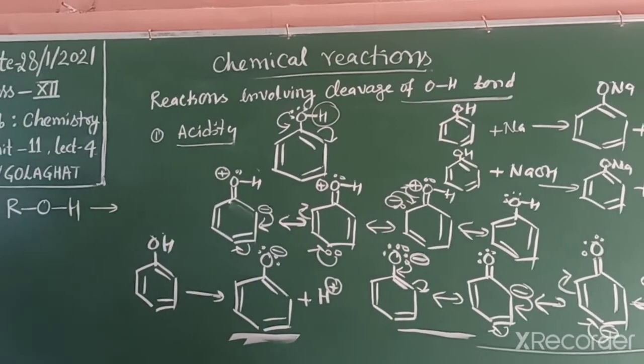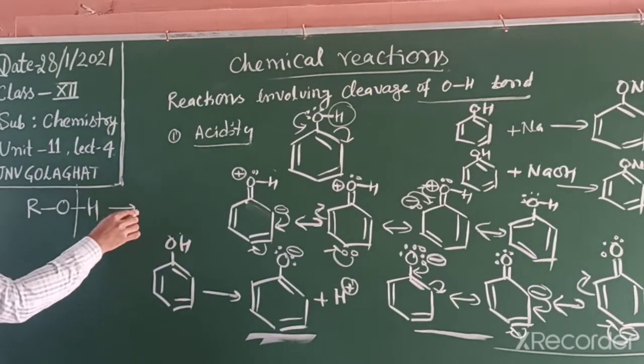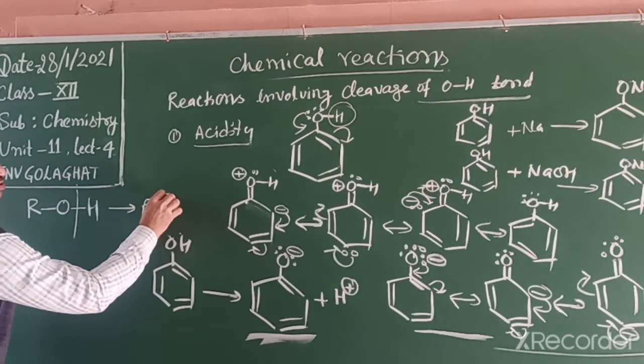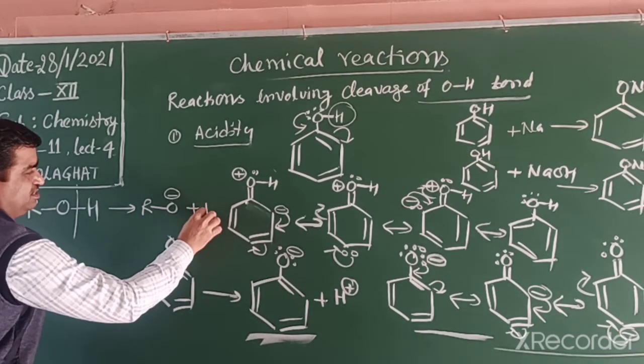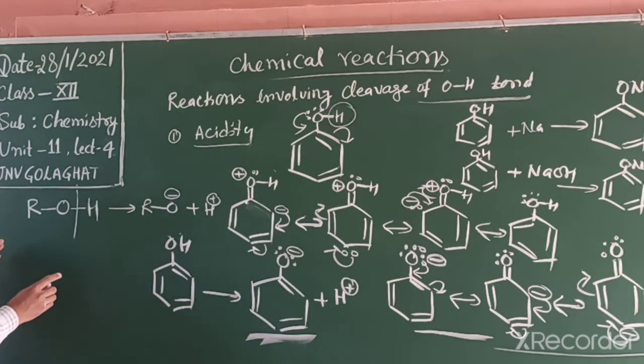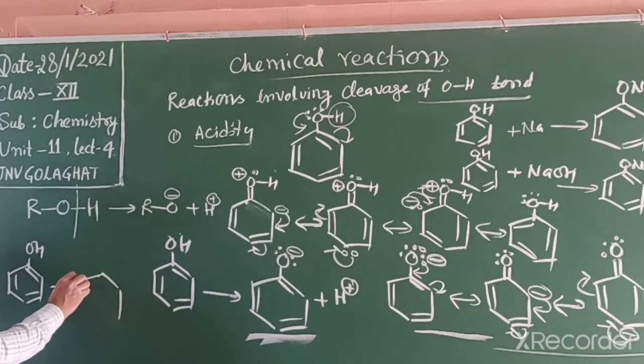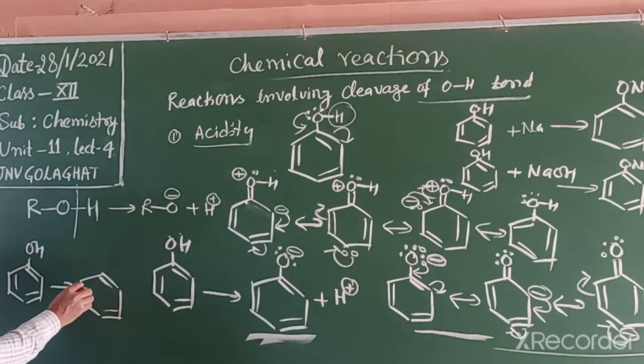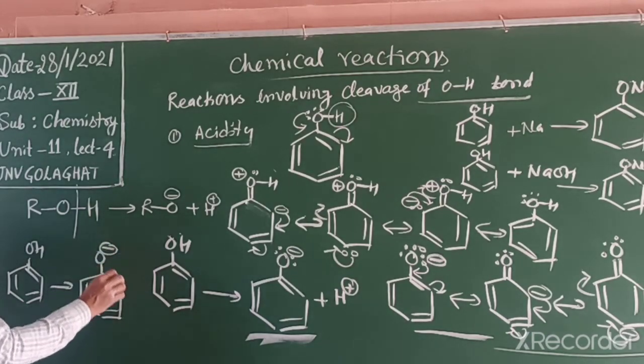If this bond dissociates, ROH, then we get RO minus and H plus. But when phenol dissociates, then it shows phenoxide and hydronium ion.